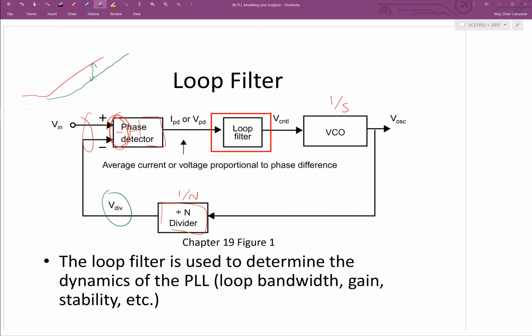That means that if you have a type 1 loop and there happens to be a frequency error between the reference and the VCO output, it will kind of work. The output frequency will be the same as the input frequency, but they won't be phase locked, right? The phase of the signals will have this constant difference between them.